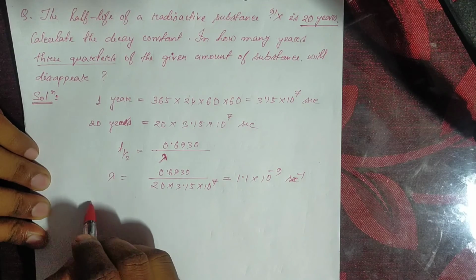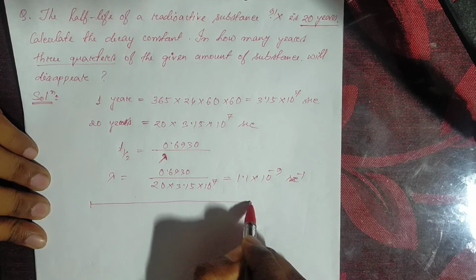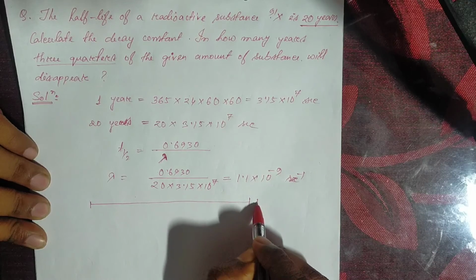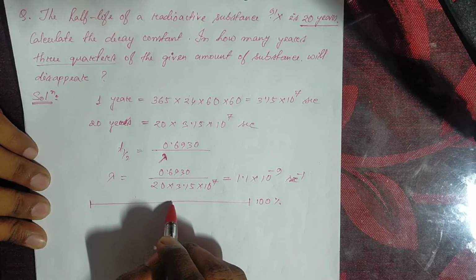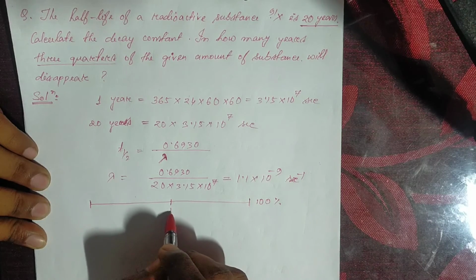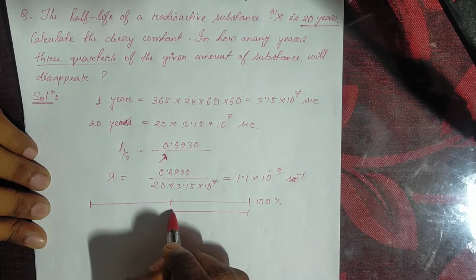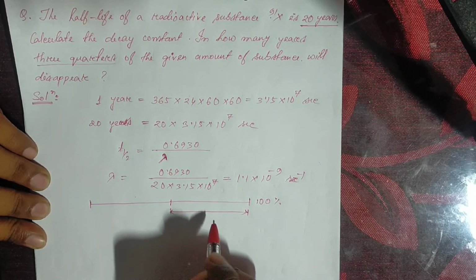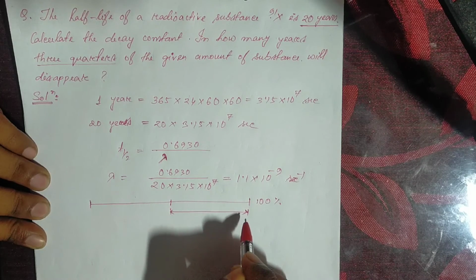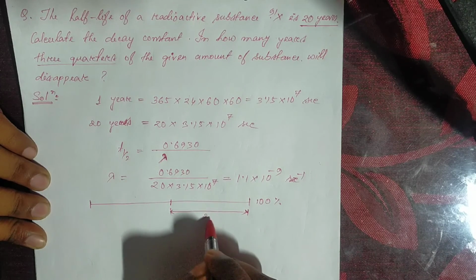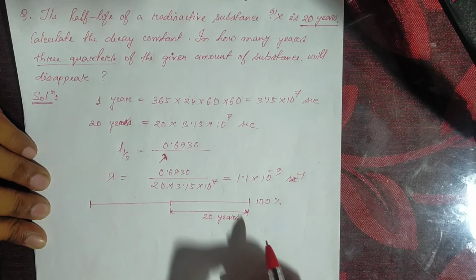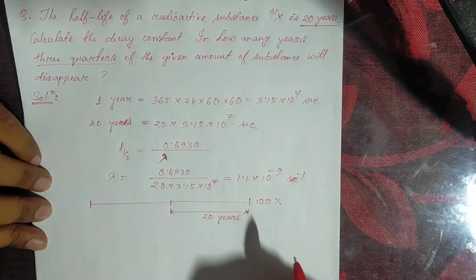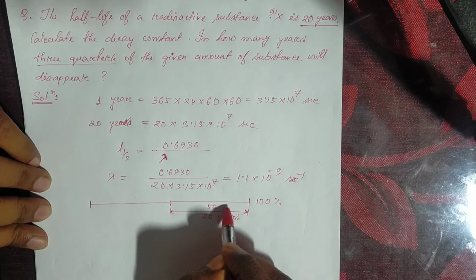That means if the total substance is 100%, then half of the total amount needs 20 years to disappear. So this is 50%.